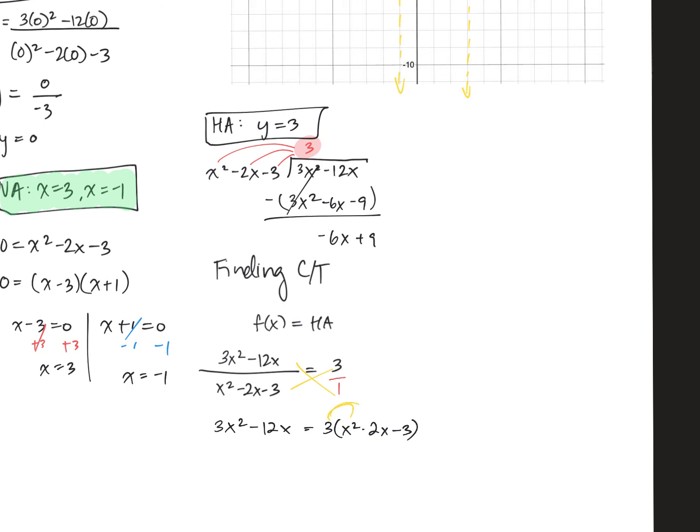We can distribute that 3, and we have 3x squared minus 12x equals 3x squared minus 6x minus 9. The 3x squareds cancel each other out, and let's move the 6x to the other side.